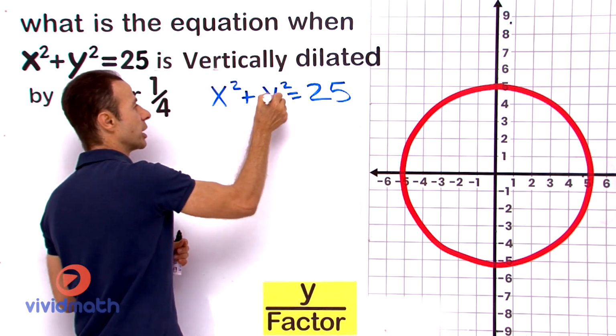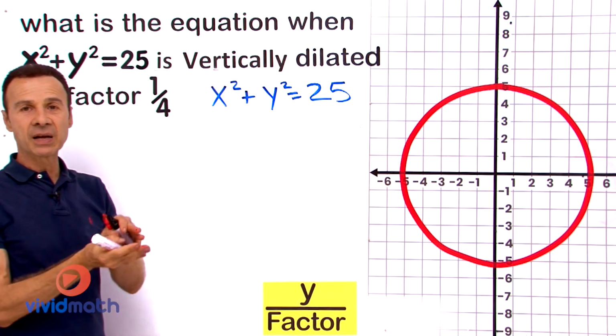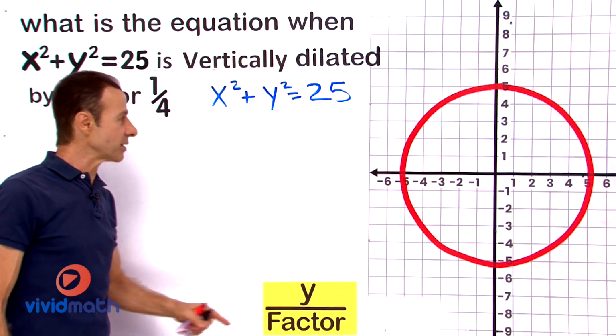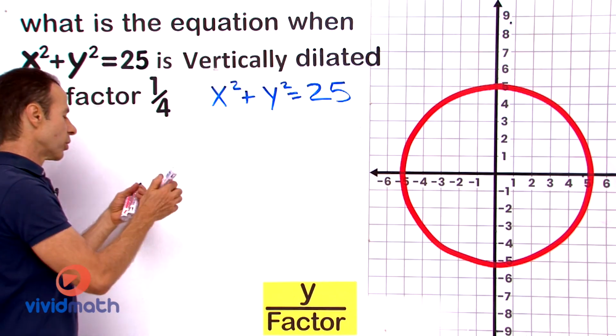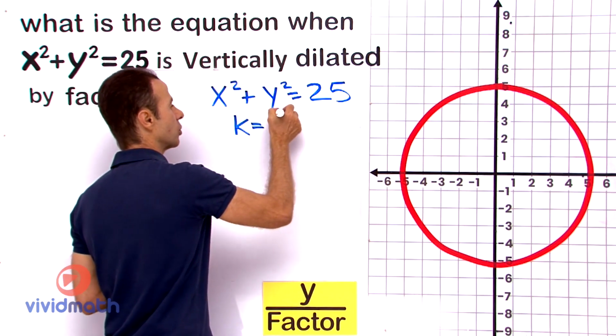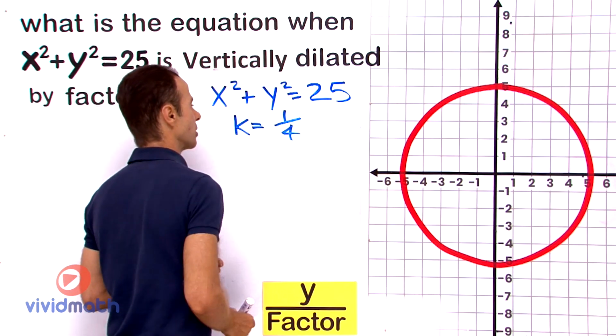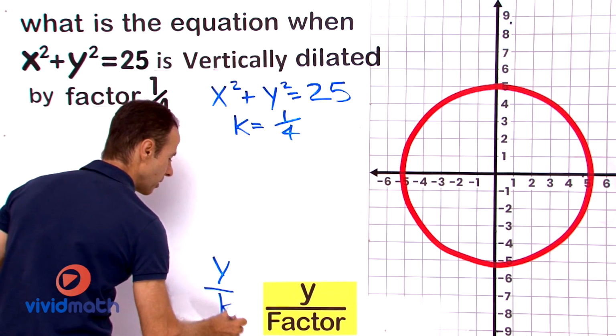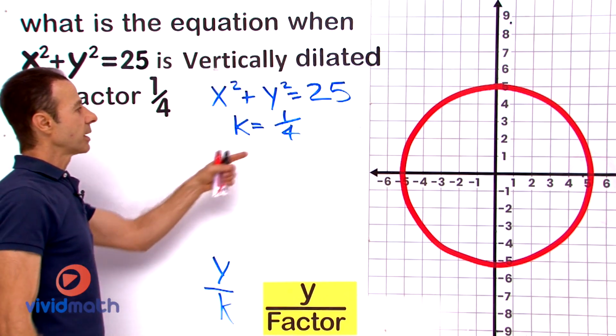Okay, so we're going to be working with that because that's the only part, it's the y component. So that y is divided by the factor, and the factor happens to be 1/4. So k equals 1/4. So that's the same as saying y over k, the vertical scale factor.